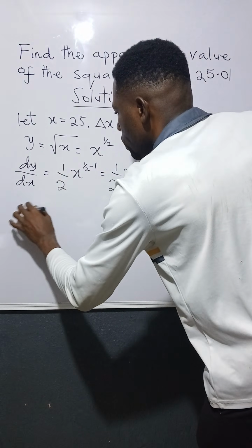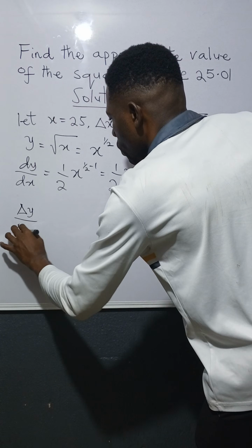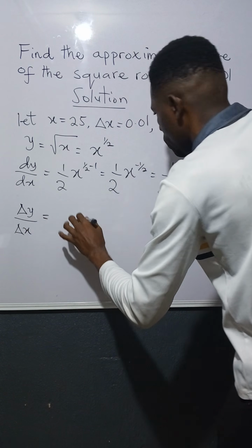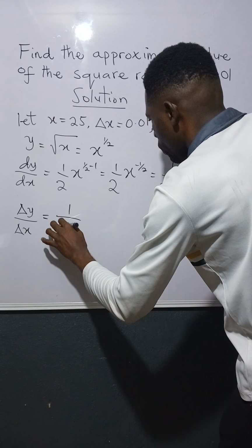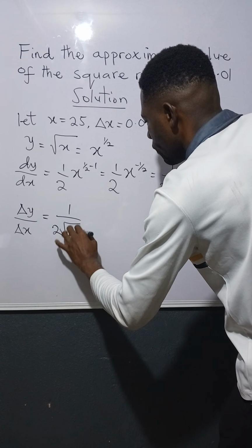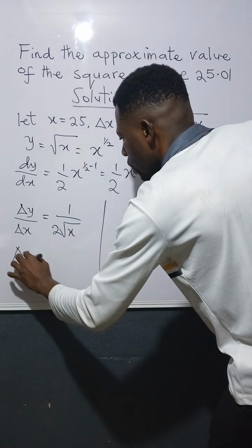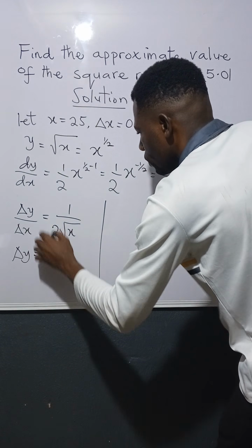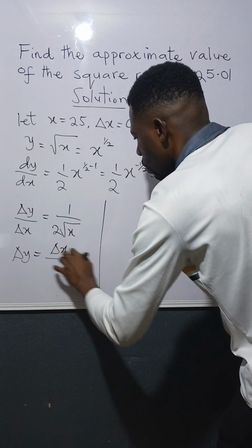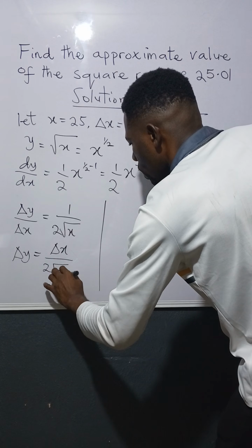So this can be written as change in y over change in x, which is equal to 1 over 2 root x. If we cross multiply, we're going to have change in y is change in x over 2 root x.